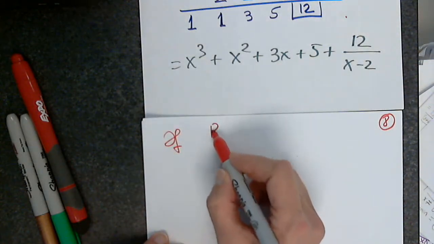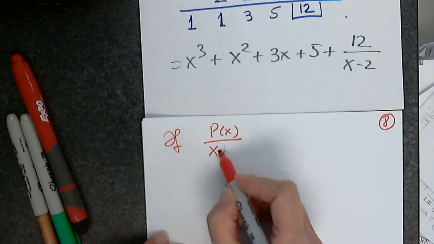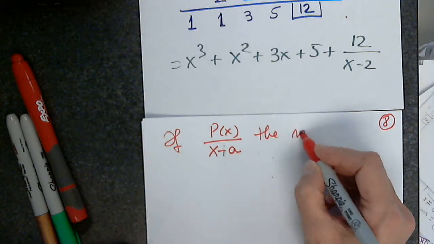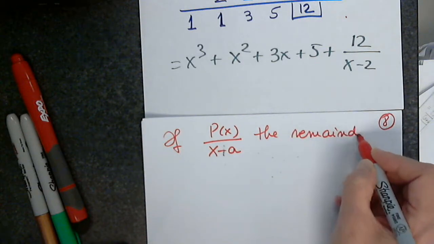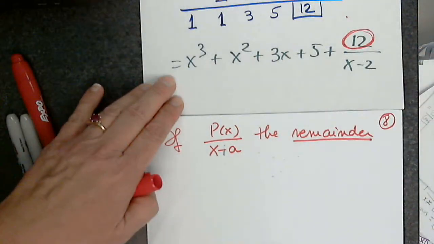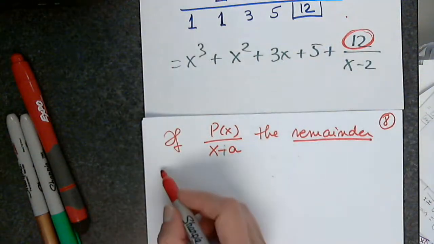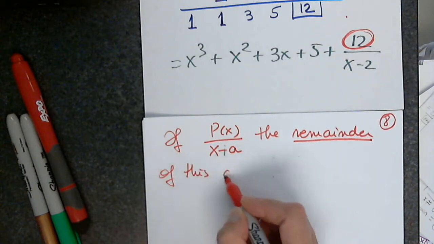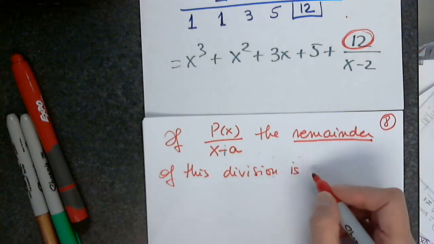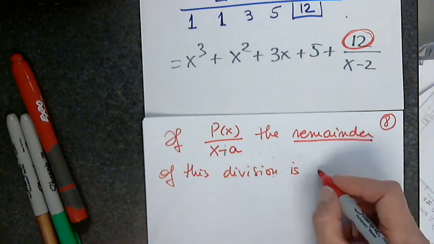If we have a polynomial divided by x minus a, the remainder, not the quotient, just the remainder of this division is, will be, must be, if you want, P of a.